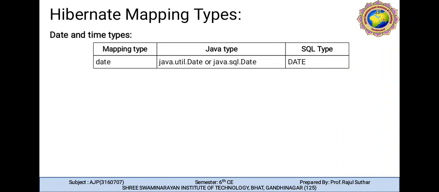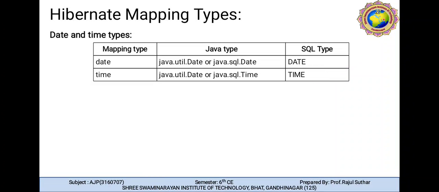For date and time, in Java we require java.util.Date or java.sql.Date. It is called the date data type. So simply in SQL we use the word DATE in capital. In the same way for time, we use TIME in capital as the SQL data type.